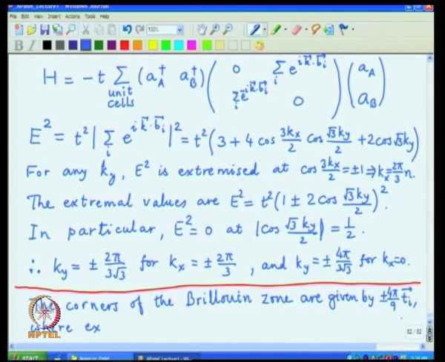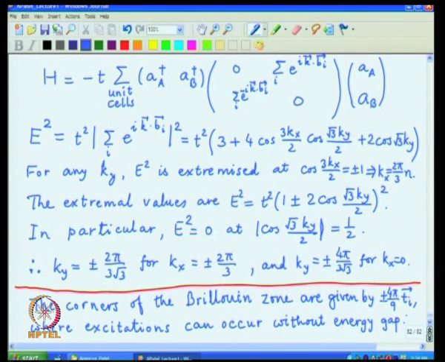The coordinates are essentially given by 4 pi by 9 t i, and at these points excitations can occur without energy gap, or rather E equal to 0, as the dispersion relation shows automatically.